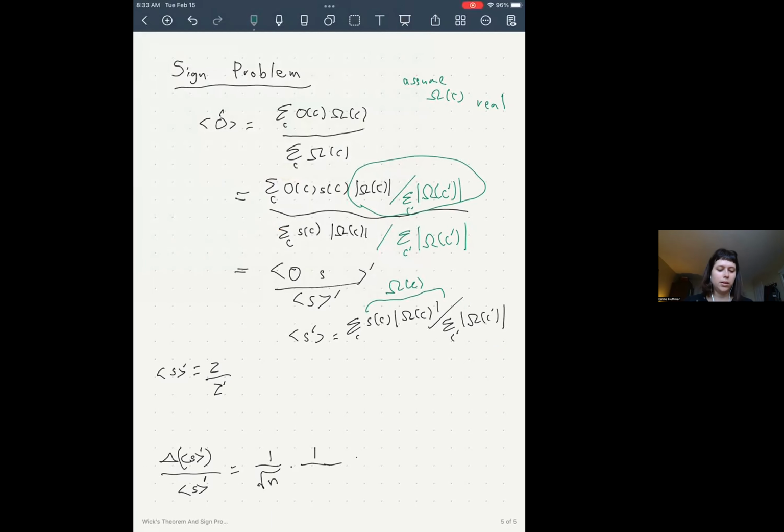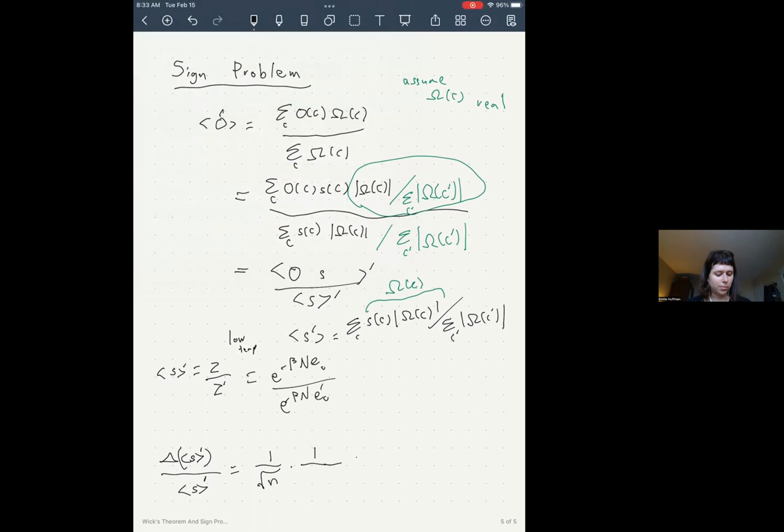And so when I think about this ratio, in the low temperature limit it's something like e to the minus beta n, where n is the number of sites, the volume of the system, divided by e to the minus beta n.